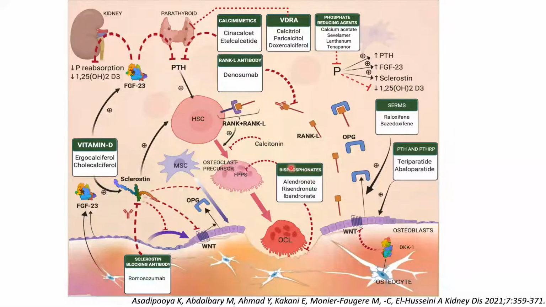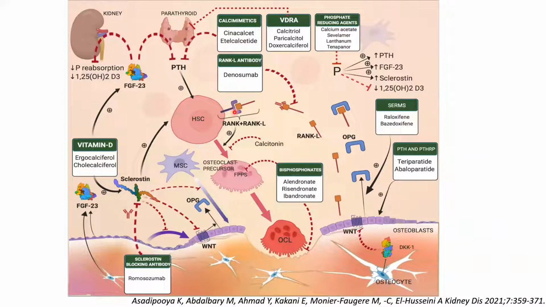The bisphosphonates act by inhibiting the osteoclast and the osteoclast precursor. Denosumab acts on what's called RANKL. So we have the RANK and RANKL pathway. RANKL is the receptor activator of nuclear factor kappa B ligand.